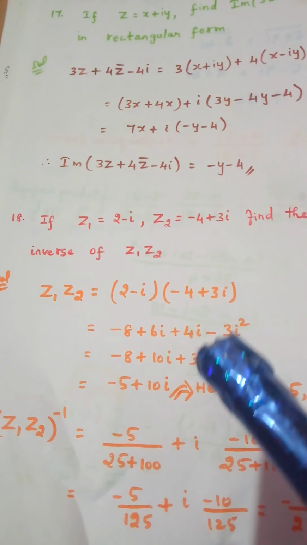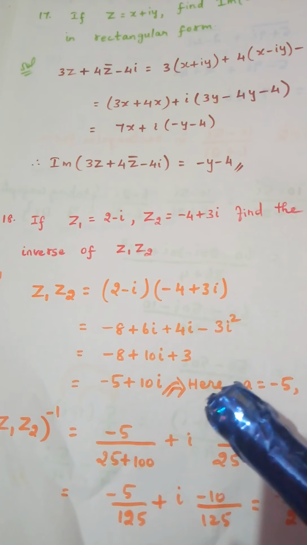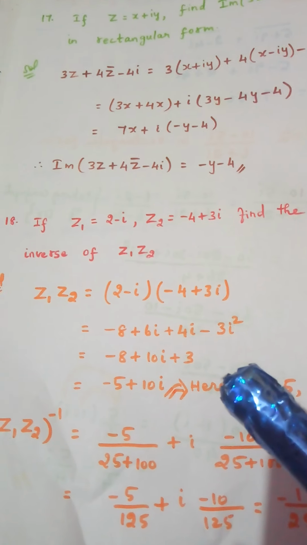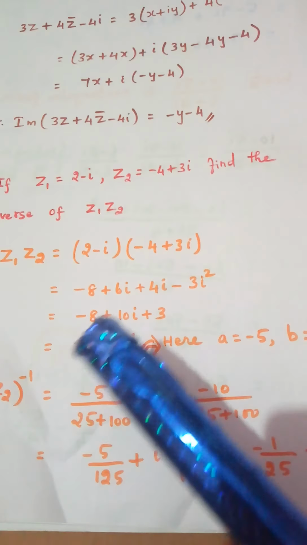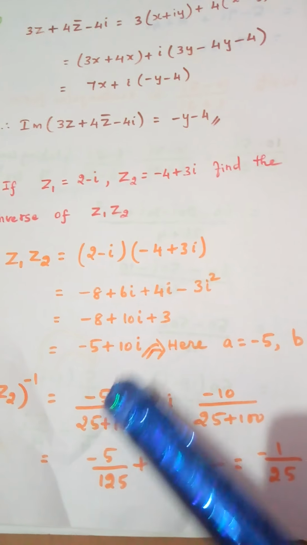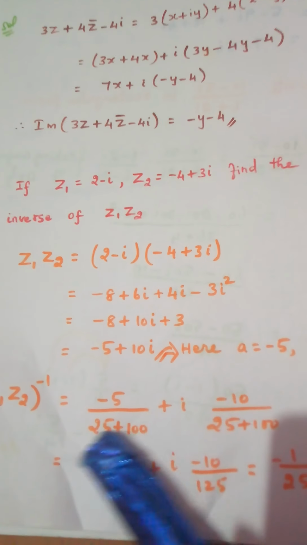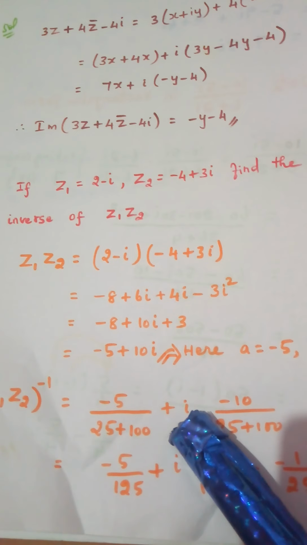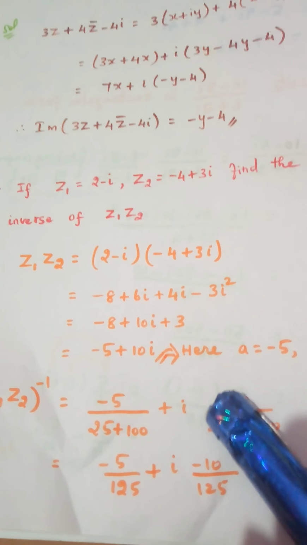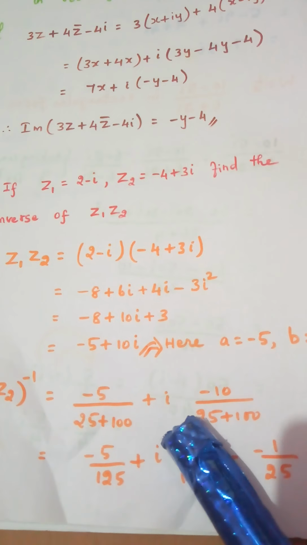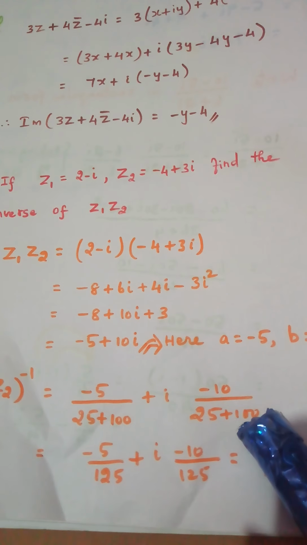What is the formula? a by a square plus b square plus i into minus b by a square plus b square. What is a? Minus 5 by, this is the value for a square plus b square, plus i into minus b. So minus b value is minus 10 by a square plus b square.